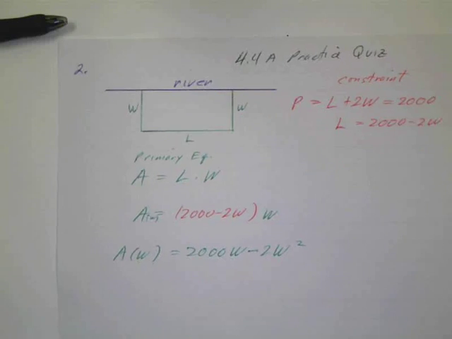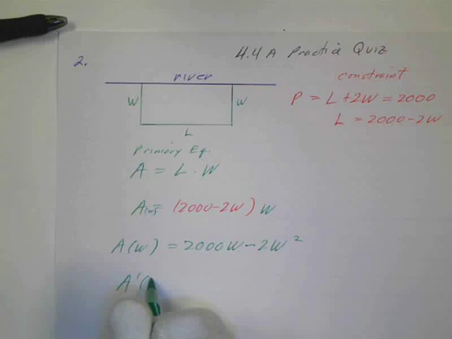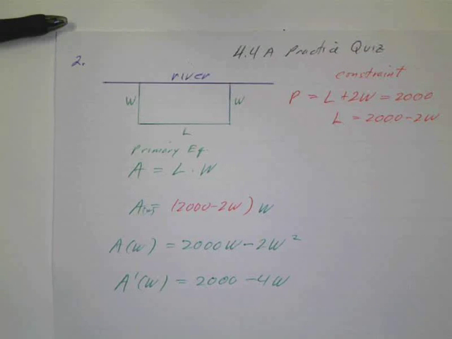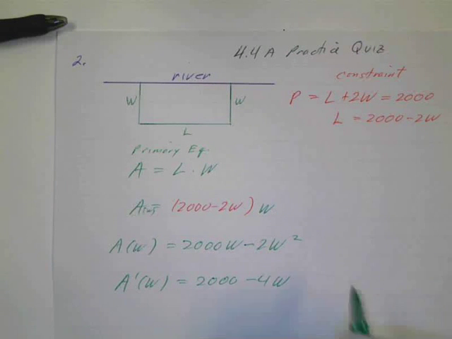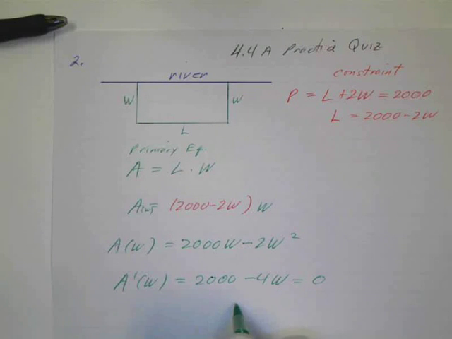And that's what I want to take the derivative of. So area prime of W would equal 2,000 minus 4W. And we want to see where that is equal to 0 or undefined. It's not undefined, so we just set it equal to 0. Then 2,000 equals 4W. And if I divide both sides by 4, I get W equals 500.